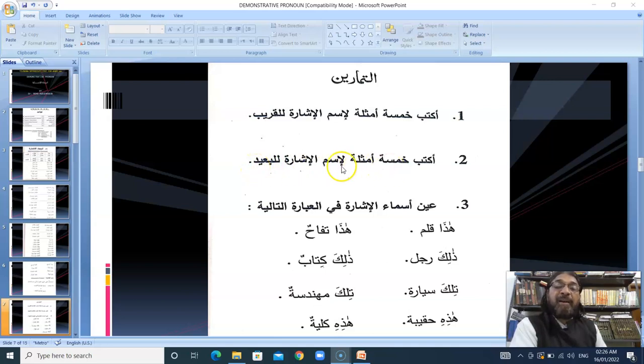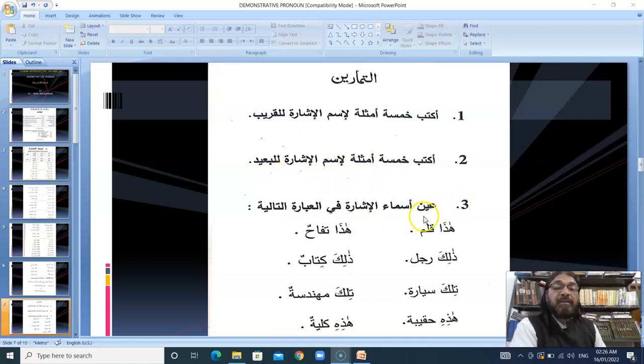So write 5 examples of far indications. So here you can say ذَلِكَ رَجُلٌ, that, far. ذَلِكَ كِتَابٌ. تِلْكَ سَيَّارَةٌ. Tilka muhandisatun, and you can say zalika qalamun. 5 examples of far indications completed here.